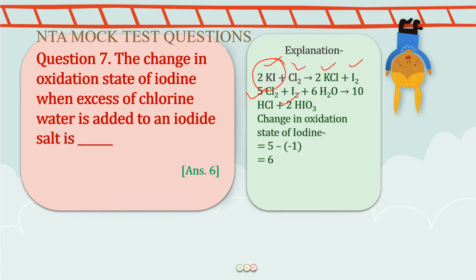Then chlorine, I2 and water combine to give HCl plus HIO3, and here the change in oxidation state of iodine takes place. The iodine over here is going to be in the plus 5 oxidation state, and in case of KI it was the minus 1 oxidation state.